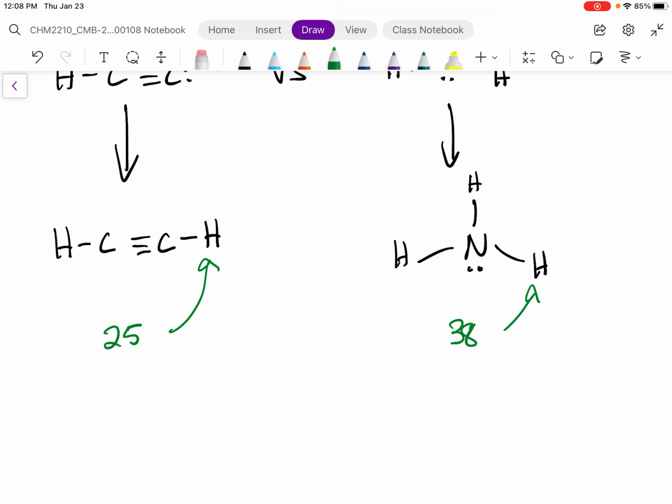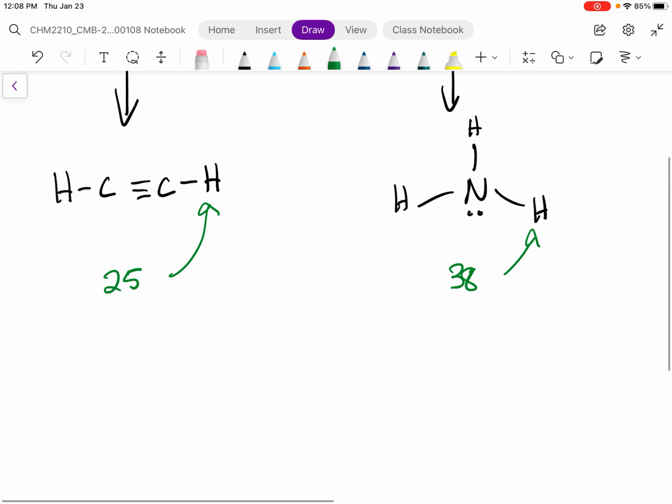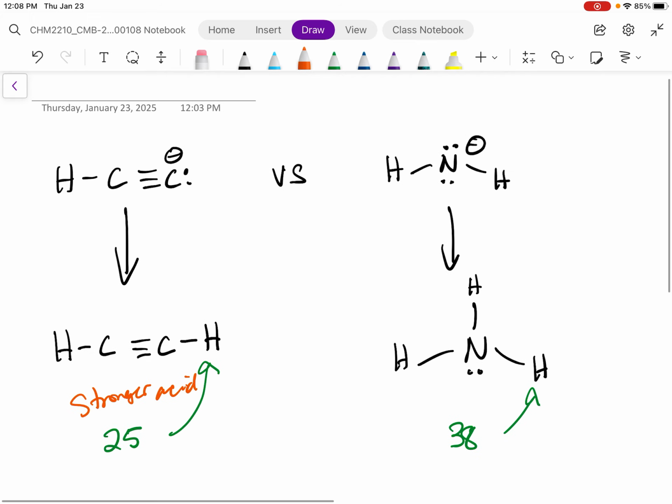So the next step is to identify which one is the stronger acid. Is it the one on the left or the one on the right? The one on the left, because it has a smaller pKa. Right? So that's a stronger acid. Once you find the stronger acid, its conjugate base is going to be the weaker base.